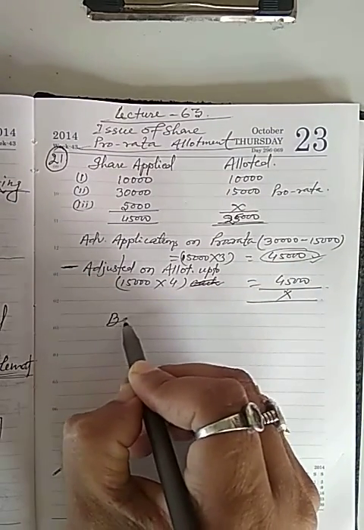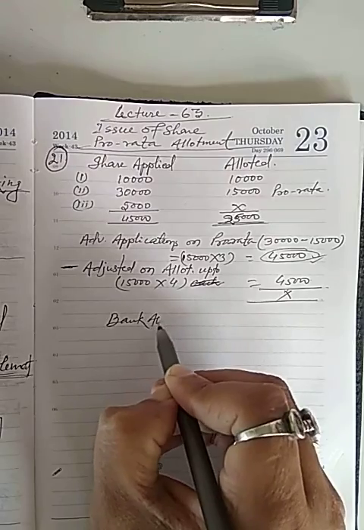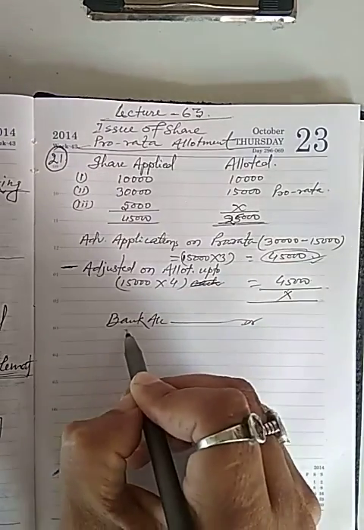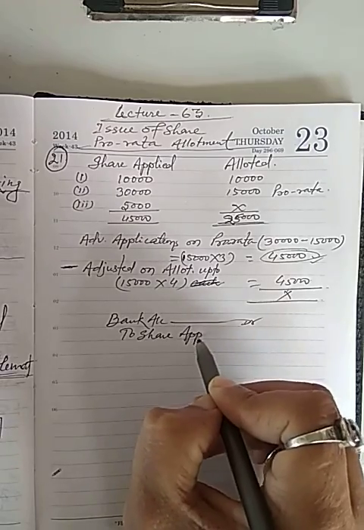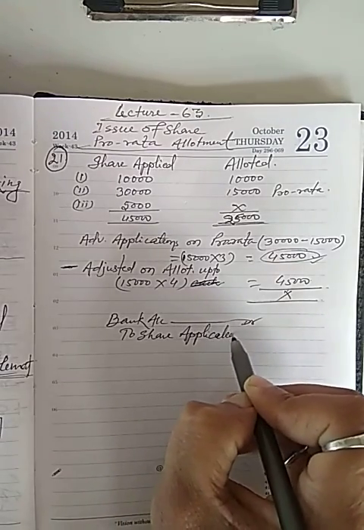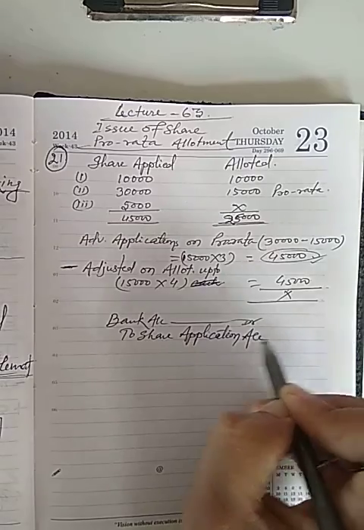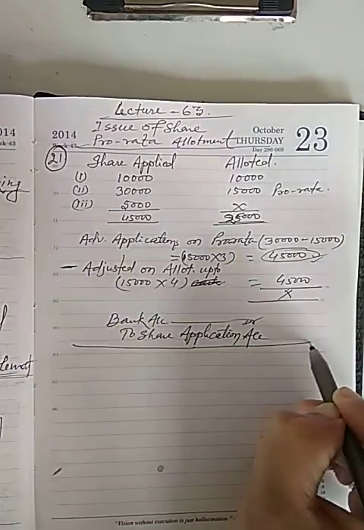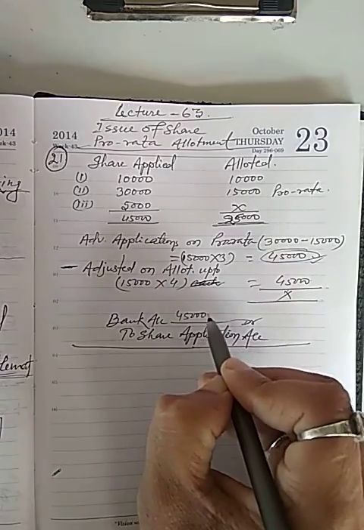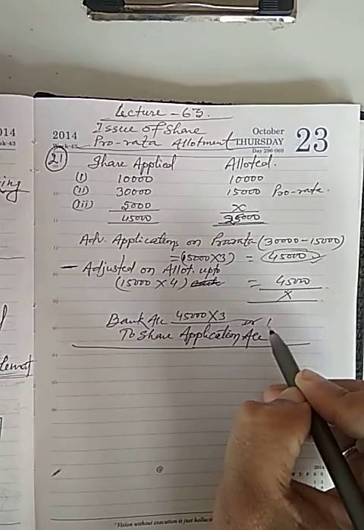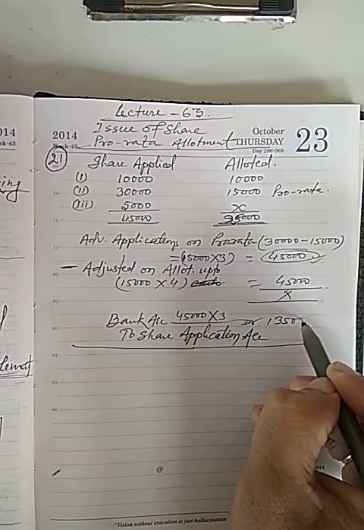First journal entry will be bank account DR to share application account, and the amount will be 45,000 into 3, it will be 1,35,000.